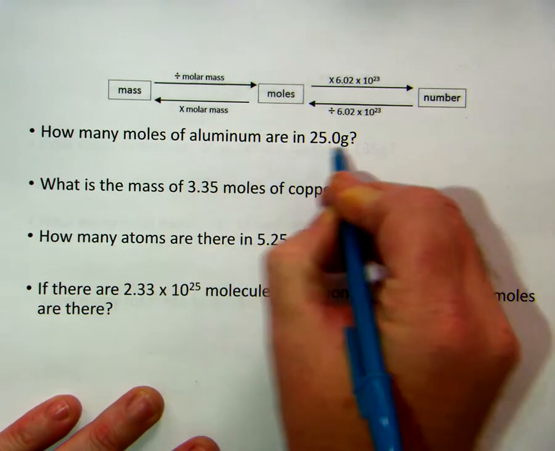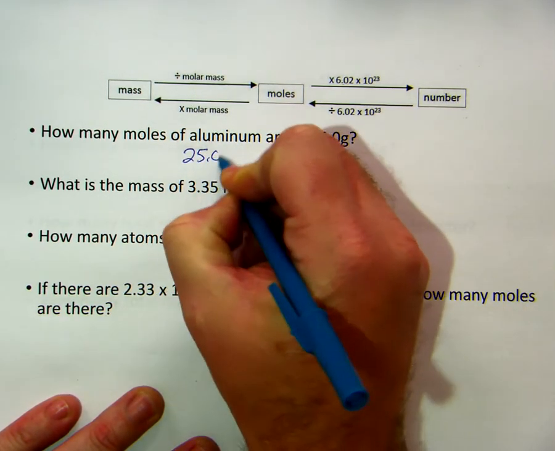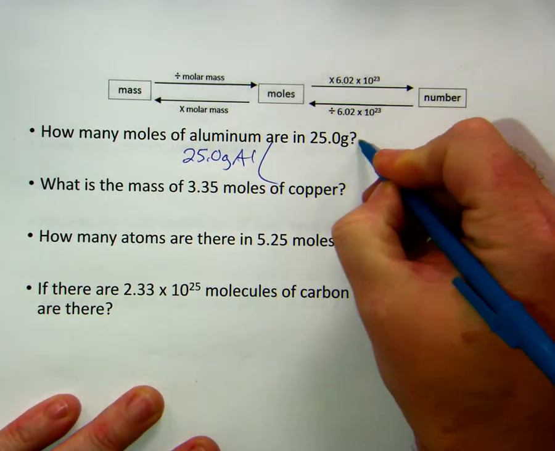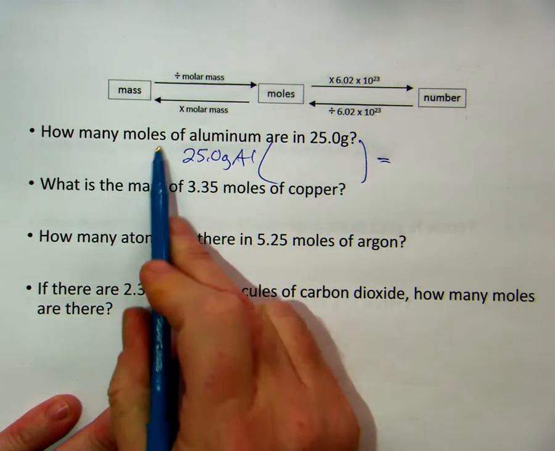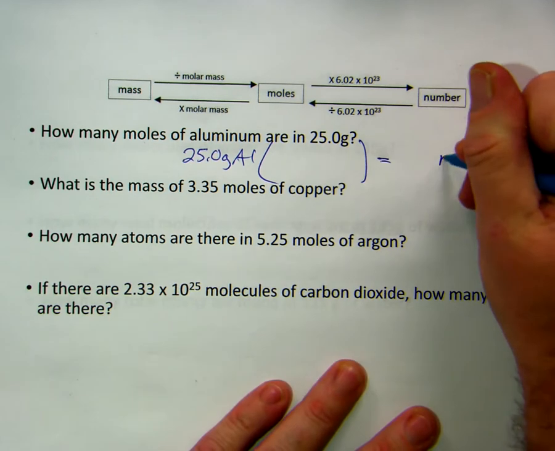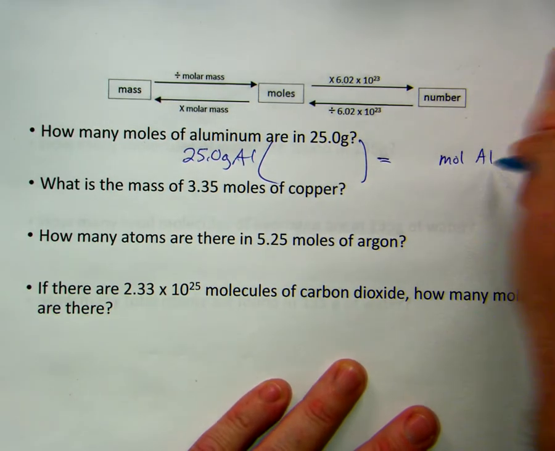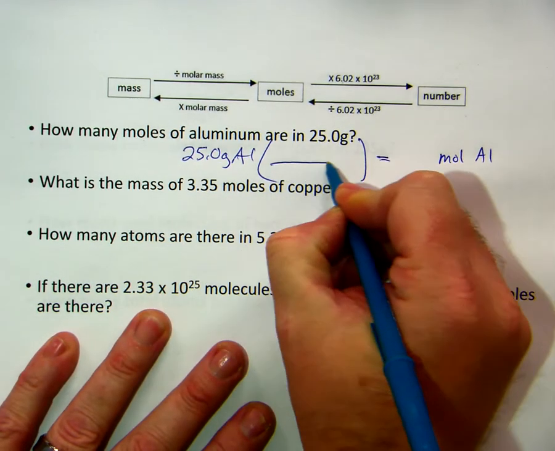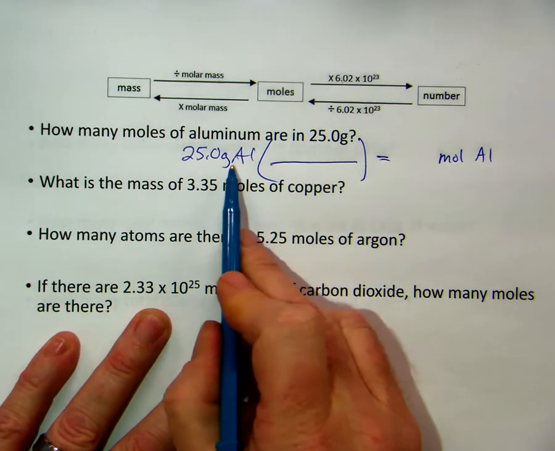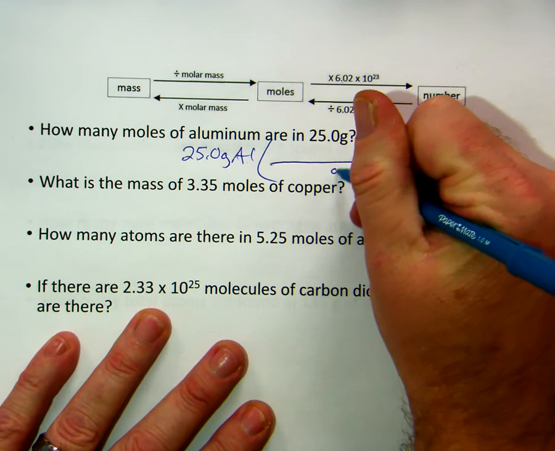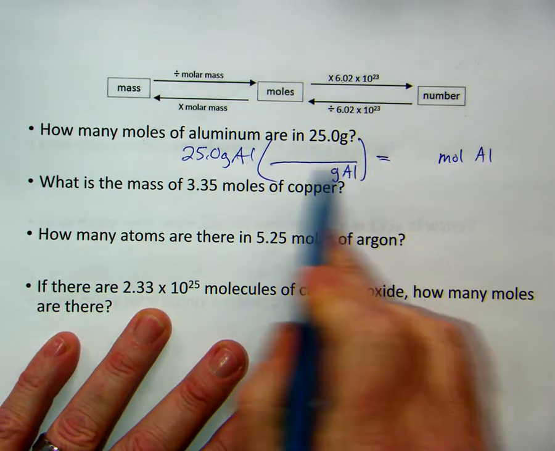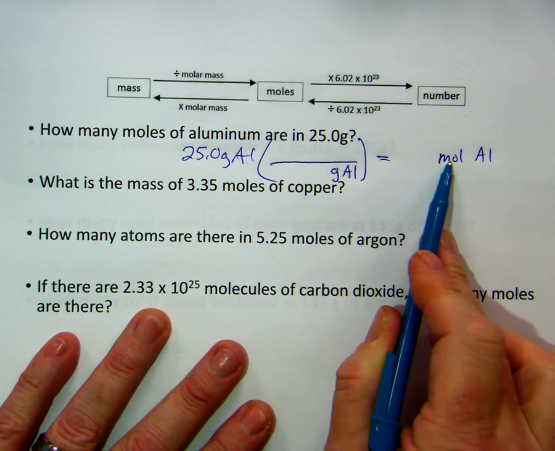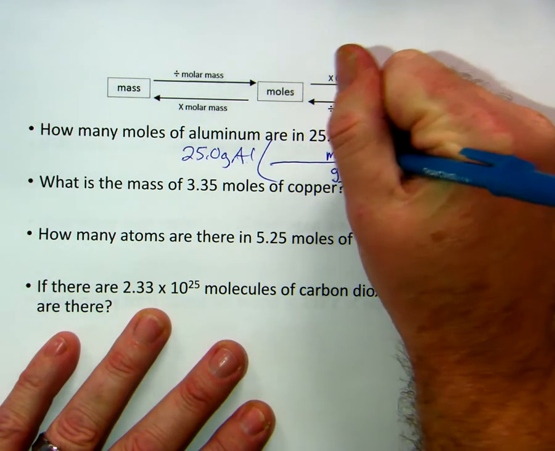I would say I have 25 grams of aluminum, which was given in the problem, and I'm going to do some conversion to convert to the unit I've been asked for, which would be moles of aluminum. Since it's in grams of aluminum, I need grams of aluminum down here to cancel out. What I need on the top is the unit I'm converting into, which would be moles of aluminum.